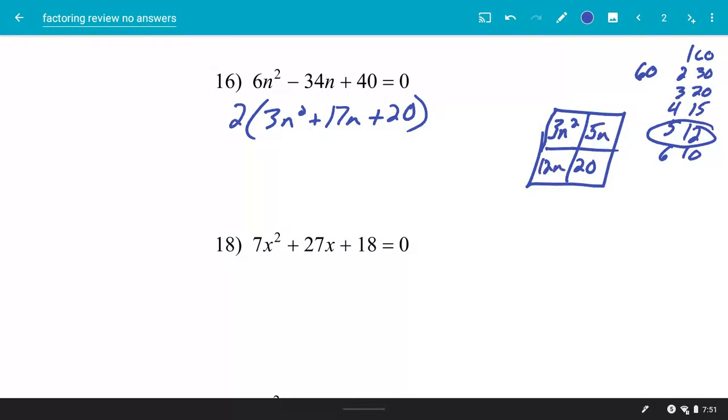Factor out: 12 and 20, 4; 3n and a 5. So this becomes 2 times 3n plus 5 times n plus 4.